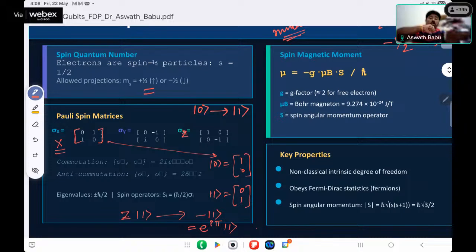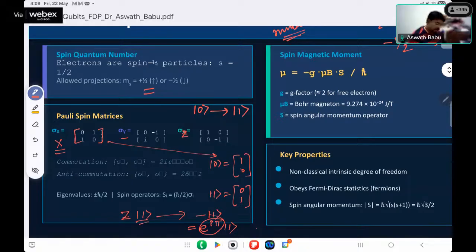That is, a downspin is going to acquire an extra phase of exponential i pi. So that is the Z gate for you. But the overall state may not appear to have a different probability. The same probability is there, but the probability amplitude is slightly different from the older situation.